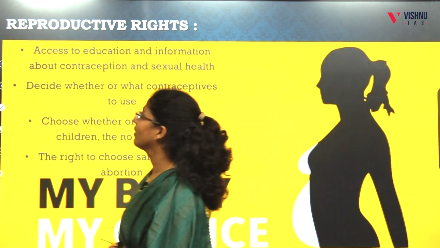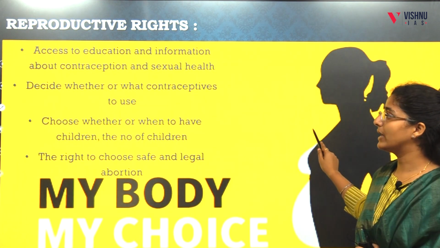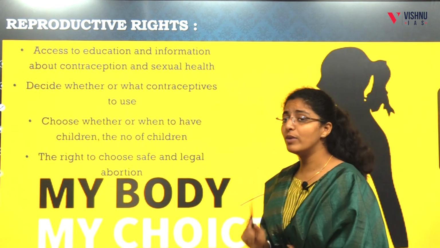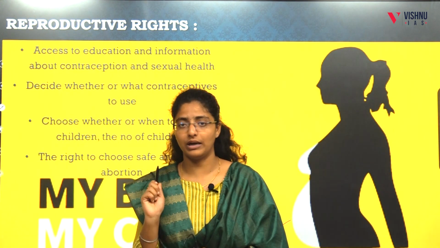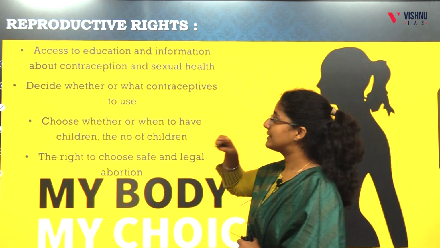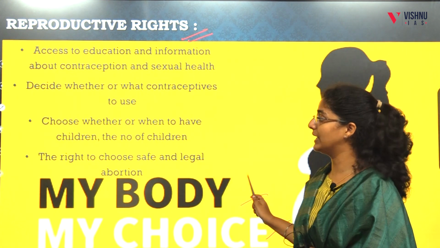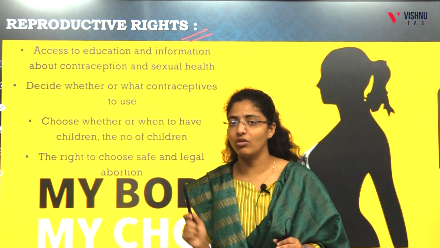This video is all about women and their choice, my body, my choice: that a woman should have the right over her own body and the choice to hold or abort the baby depending upon the situations. Access to education, actually reproductive rights. What are reproductive rights? One should be really aware of them. So this entire discussion was about the rights of a woman.